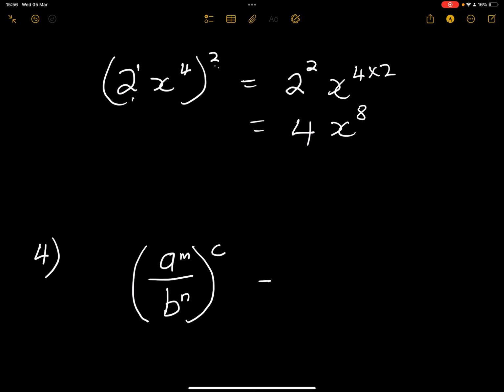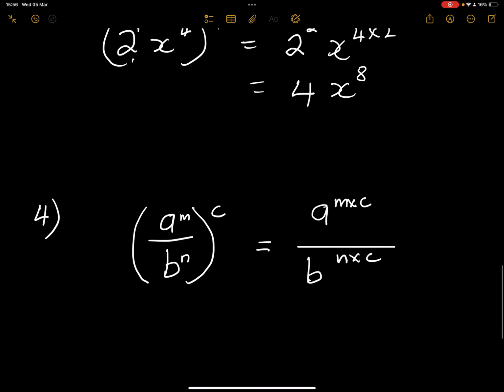Please, ladies and gents, I want you to note this will simply be a to the m multiplied by c, and in this case that will be b to the exponent of n multiplied by c. Note that this exponent will be multiplied by the exponents both on the numerator as well as on the denominator.